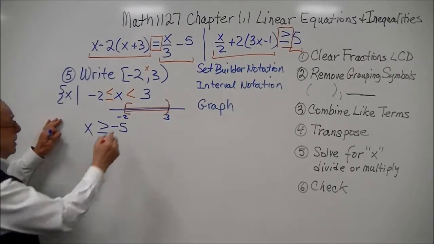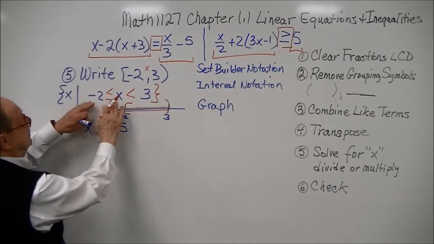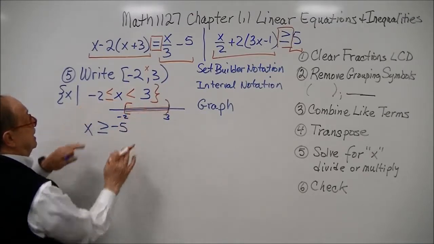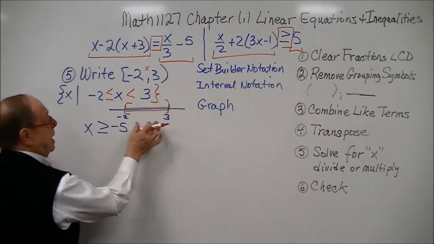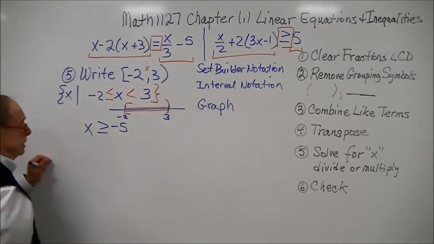So this is our set builder notation right here. And I believe in our text, all they want us to write is this part of it. And then this is our graph. And this is our interval notation.